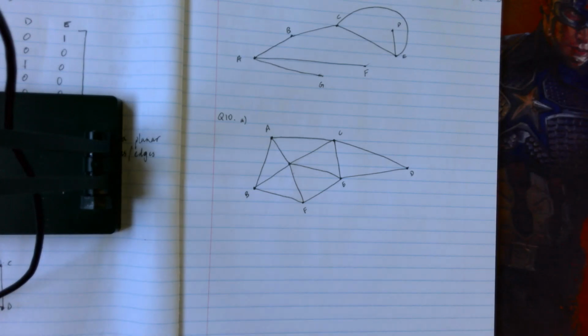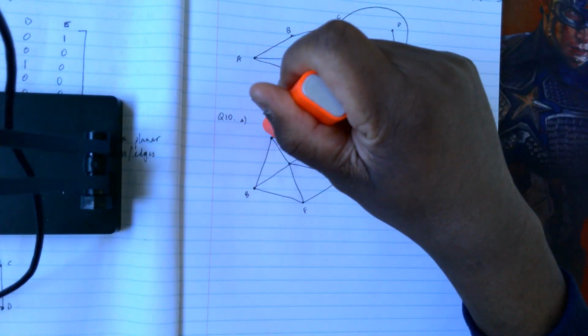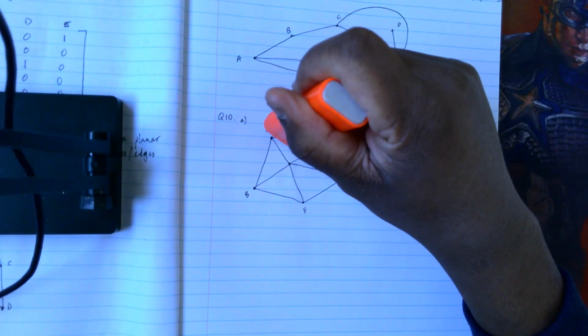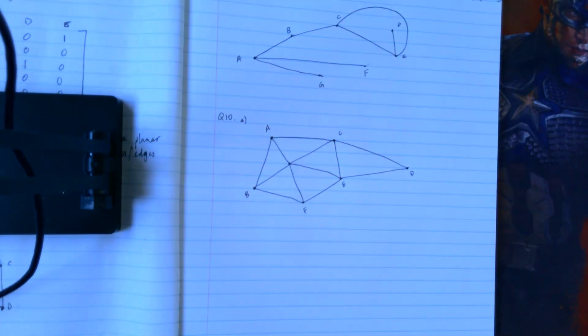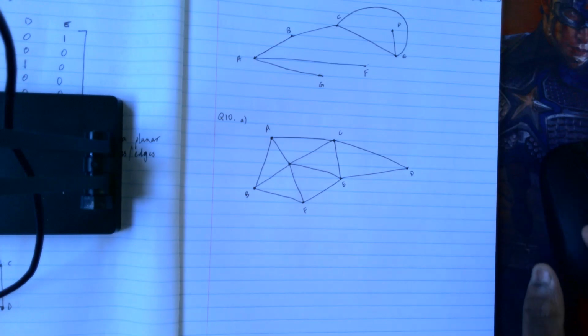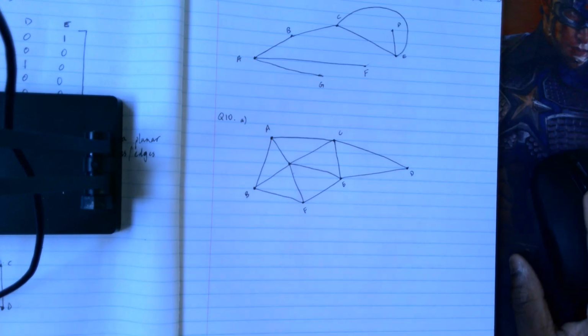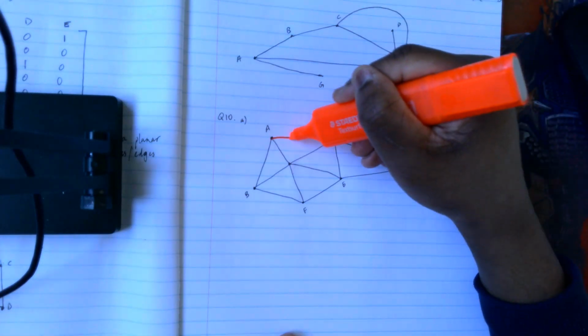So let's say I start at A, I want to go to all other vertices and come back to A. Obviously the easiest one is to follow the outside. There are multiple solutions to these problems in some cases, so if you get a different answer to what I have in this video, that is fine. But just to follow the logic of keep it simple, we're going to go along the outside.